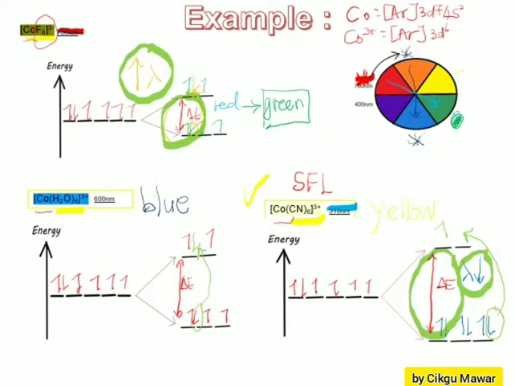So remember the Planck equation: E equals hν, which is equal to hc over lambda. This is the Planck equation which is applied in the formation of colored compounds.